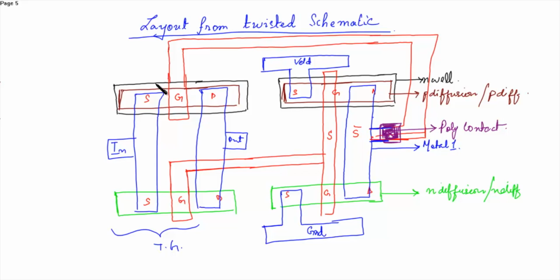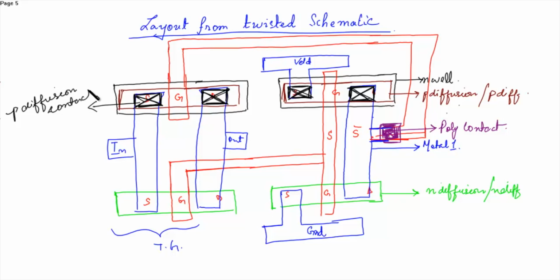So here there's a connection between the P diffusion layer and the metal layer. So you have to place the P diffusion contact. Similarly, over here in the P diffusion layer, have to place the P diffusion contact. This is the P diffusion contact.